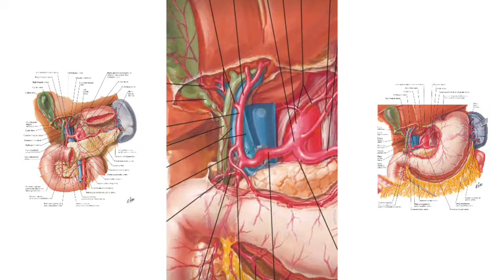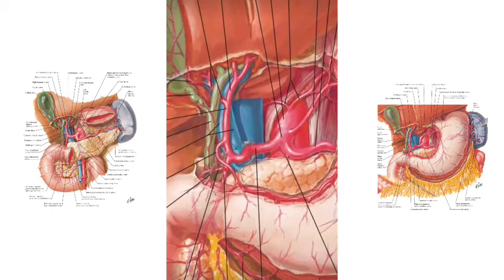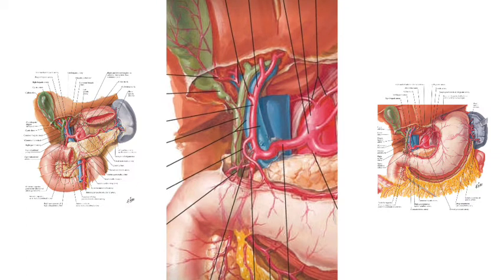Most posteriorly, this blue venous structure will be the inferior vena cava. We all know, if you take this region as the epiploic foramen, these three structures, the common hepatic duct or common bile duct, the proper hepatic artery, and the portal vein, will be found in the right free margin of the lesser omentum, which is the anterior boundary of the epiploic foramen.